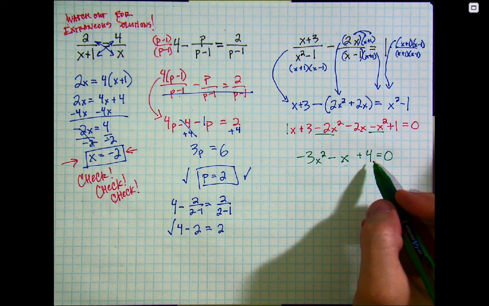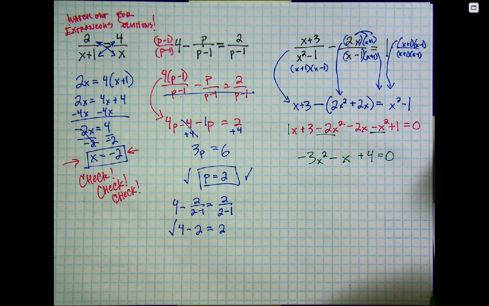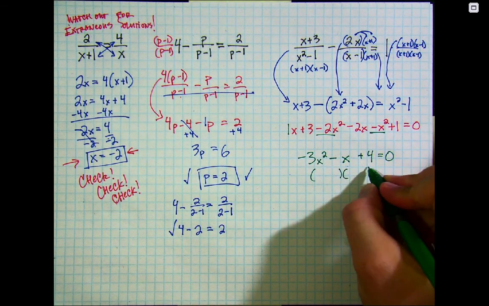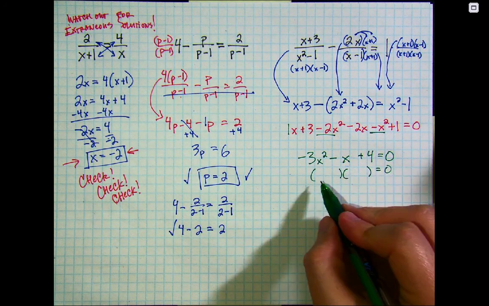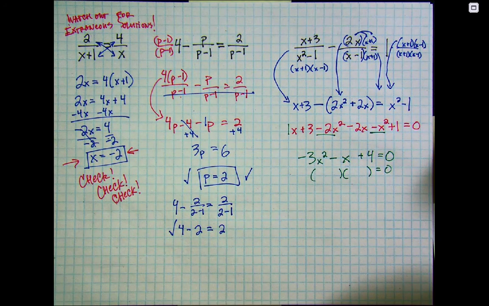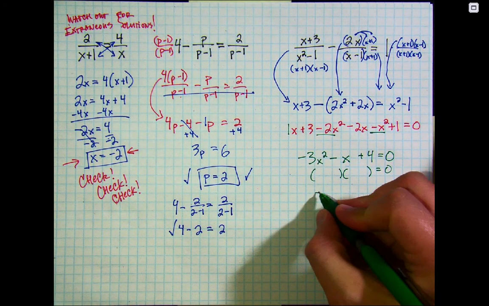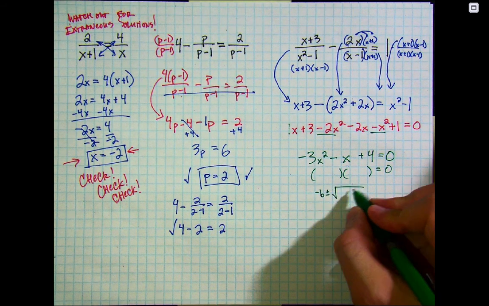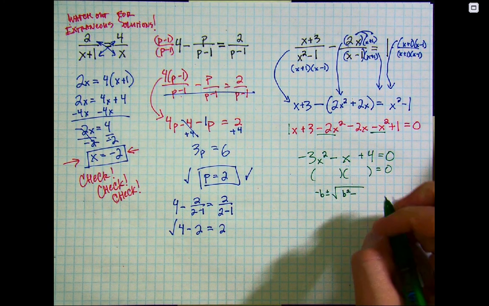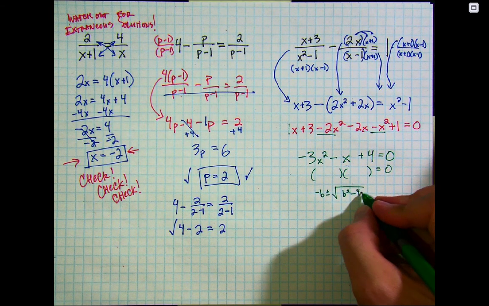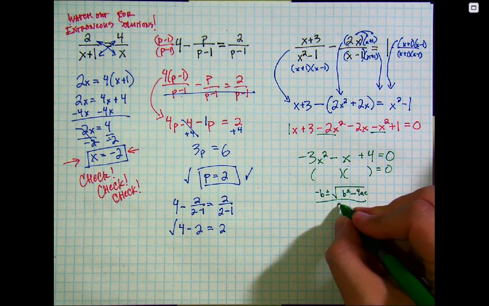So how do you solve a quadratic equation like this? You could try to factor it. That 3 is going to cause us some problems, but it's doable. Or we could use our good friend, the quadratic formula. Remember that guy?